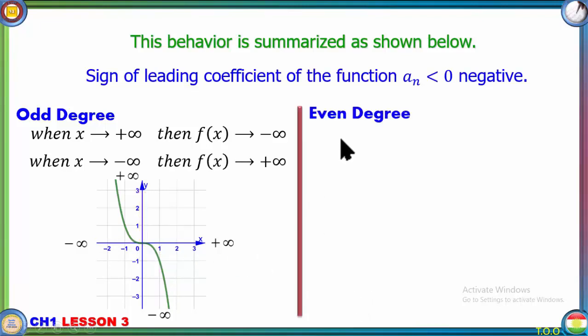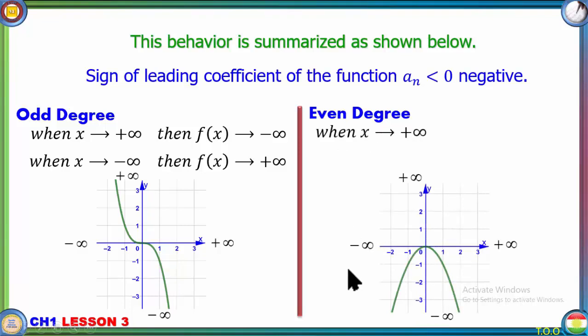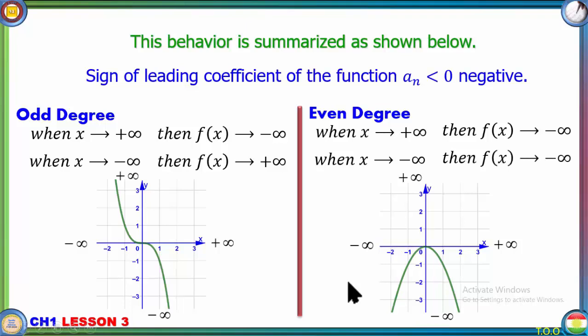If the degree of the polynomial is even, when x approaches positive infinity, f(x) approaches negative infinity, and when x approaches negative infinity, the function approaches negative infinity too.